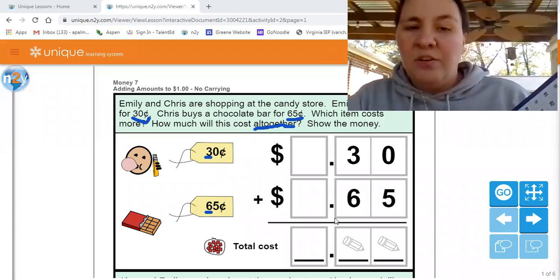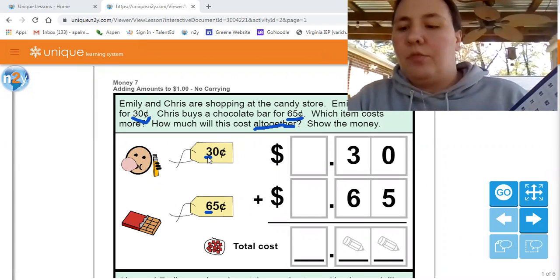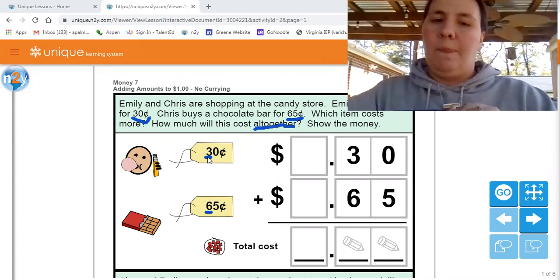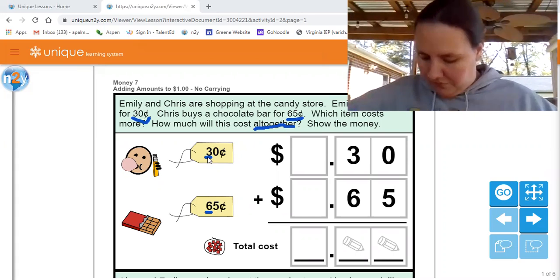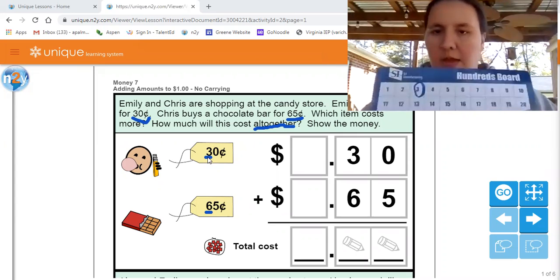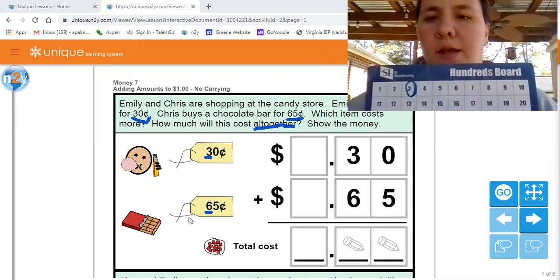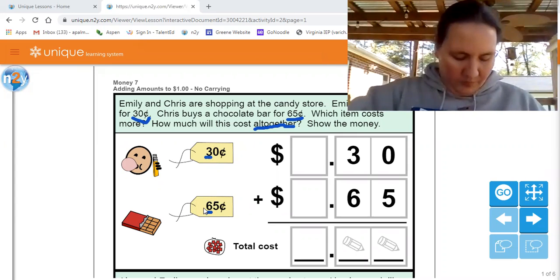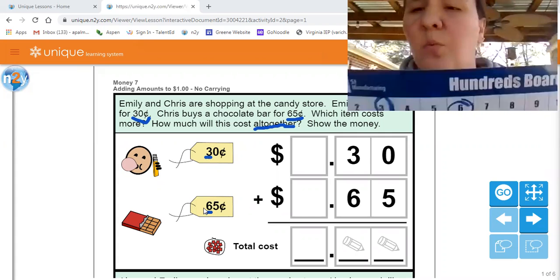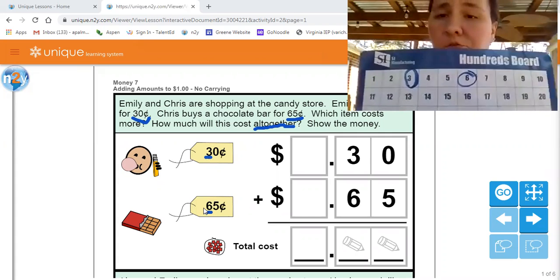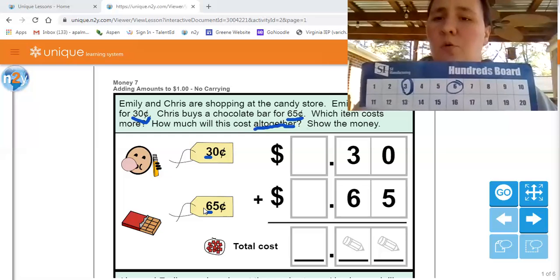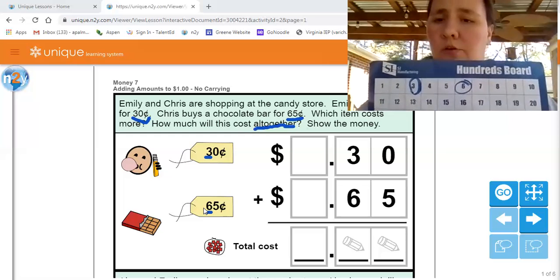Now I can underline or circle the number 3 because that's one of my numbers. And then the other number that I underlined in the problem is a 6. So if I want to know which one is more using my hundreds chart, the bigger number is the one that is further along in the hundreds chart.